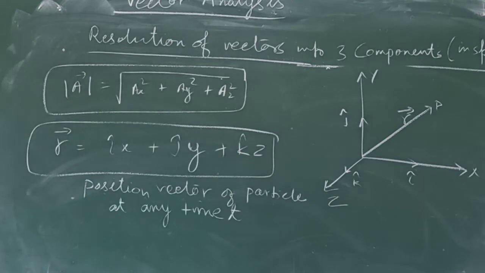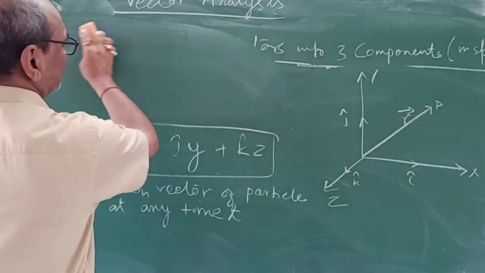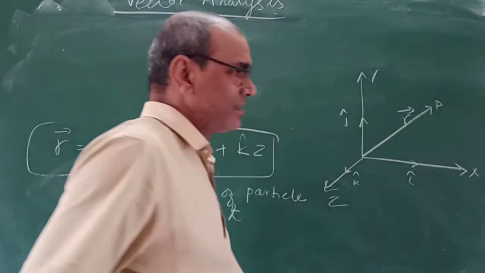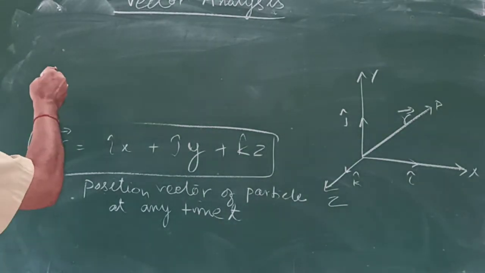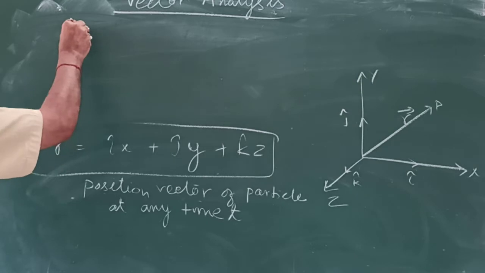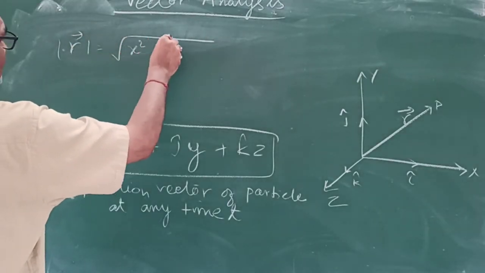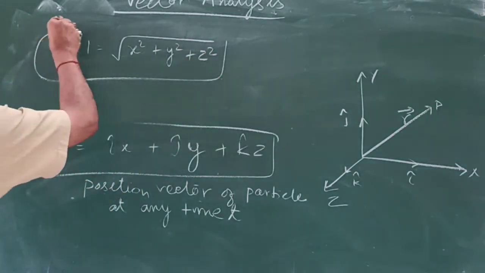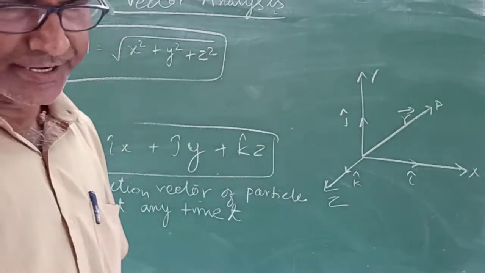Mod of r is equal to root under x square plus y square plus z square. Is it clear? Then we have to solve in this way.